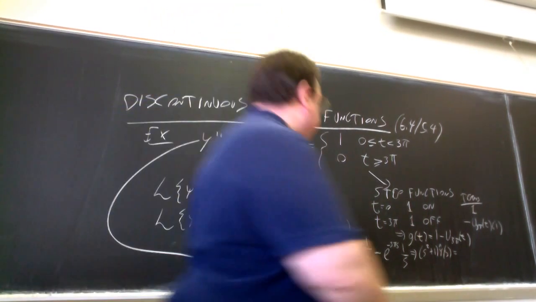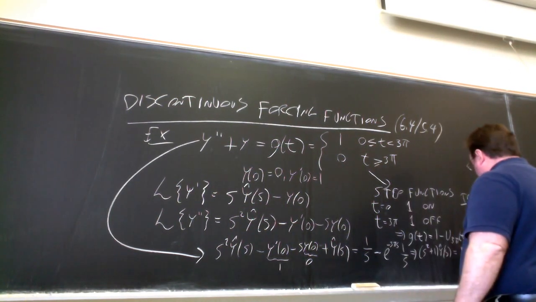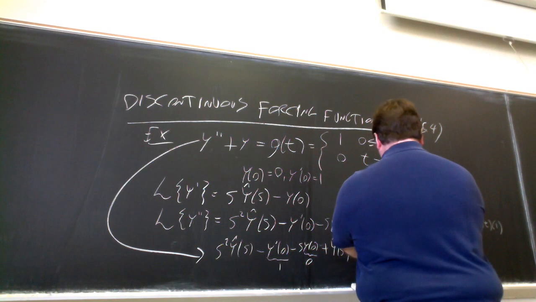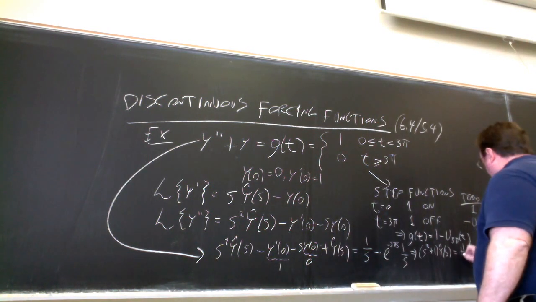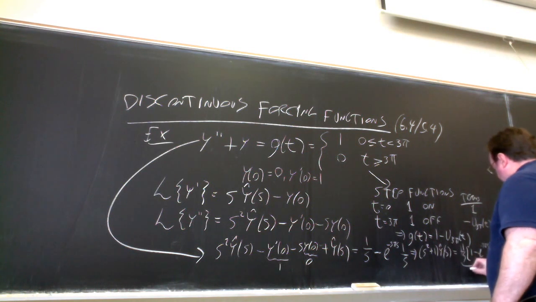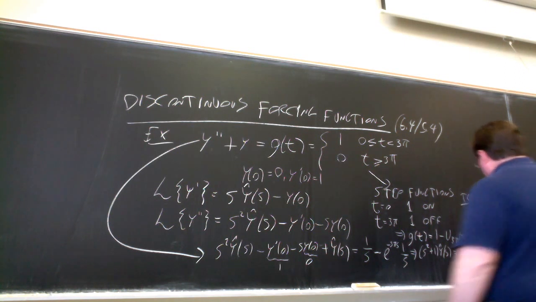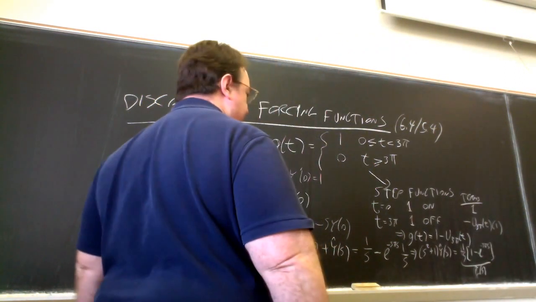Okay. So I'm going to have, well, this transform is still going to be there. So 1 over s, 1 minus e to the minus 3 pi s. We'll call this g hat of s, because that is a Laplace transform of g of t.